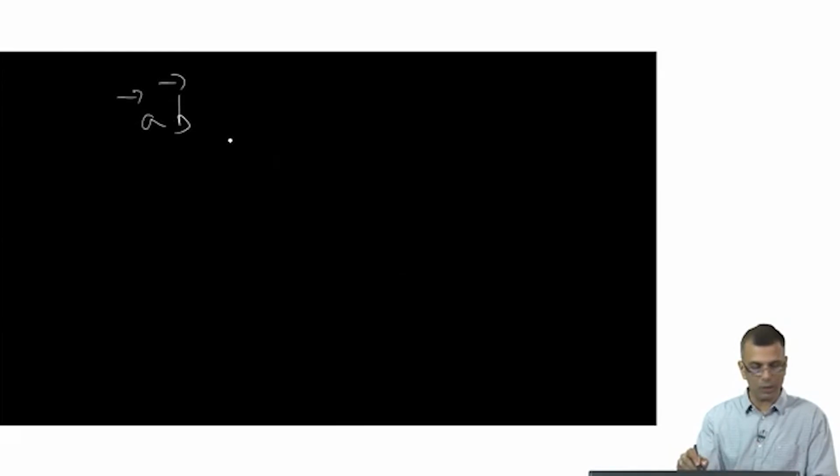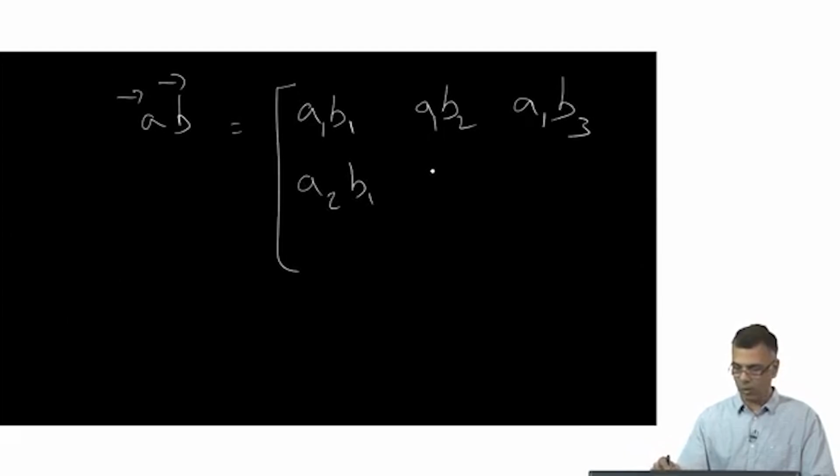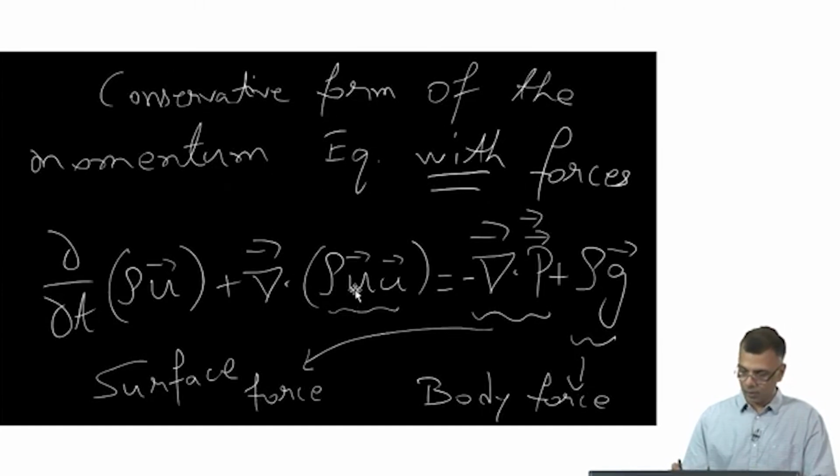This kind of outer product is just like that: A1 B1, A1 B2, A2 B1, A2 B2, and so on. That's what the outer product is. That's what this quantity is. And the pressure tensor would essentially be this.